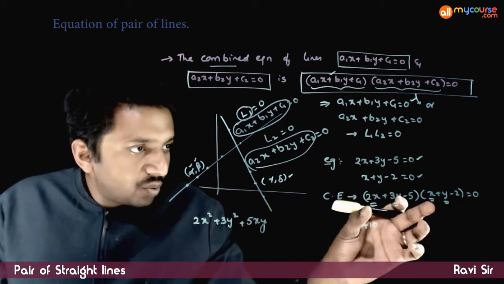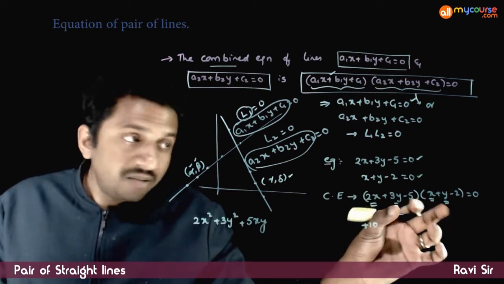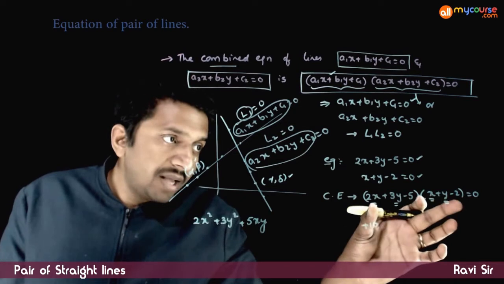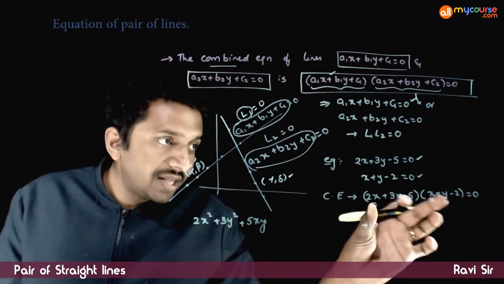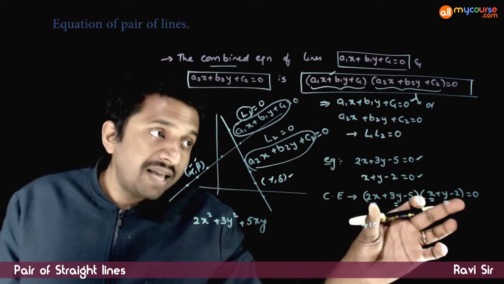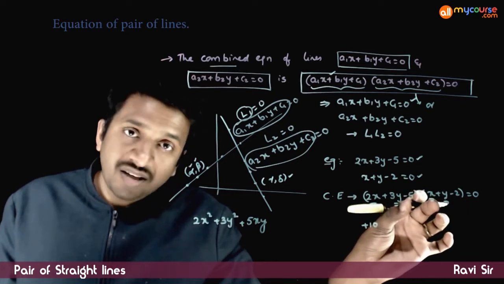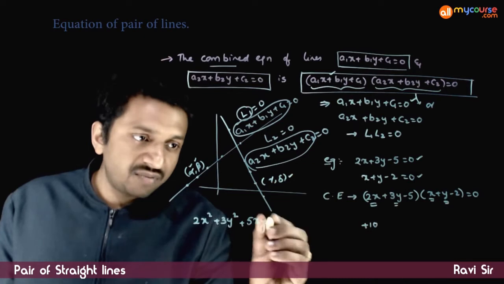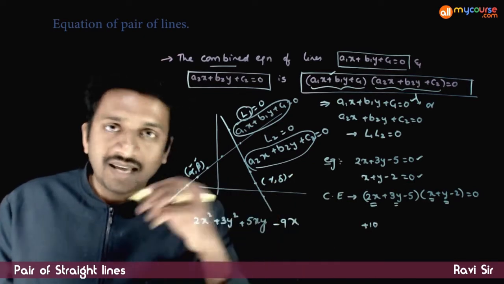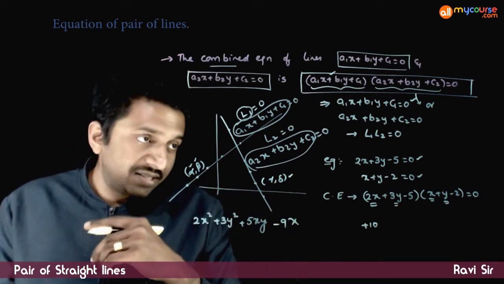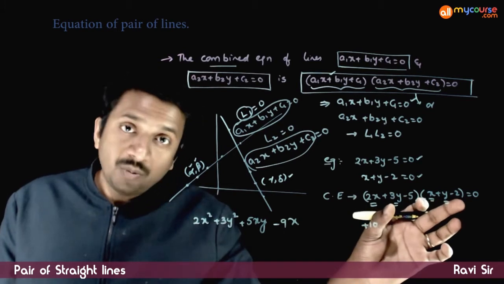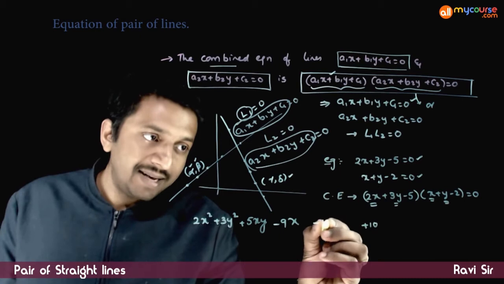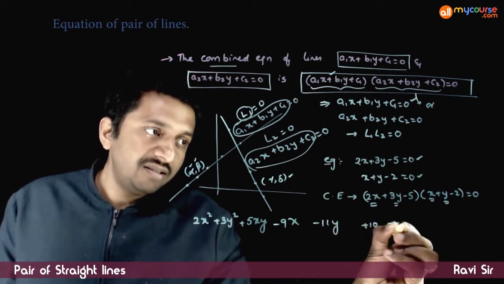So you get an x square term, a y square term, an xy term, and 2x into minus 2 is minus 4x, minus 5 into x is minus 5x, minus 4x minus 5x is minus 9x. Next, 3y into minus 2 is minus 6y, minus 5y, minus 11y is equal to 0.